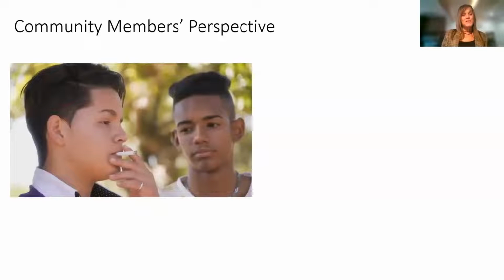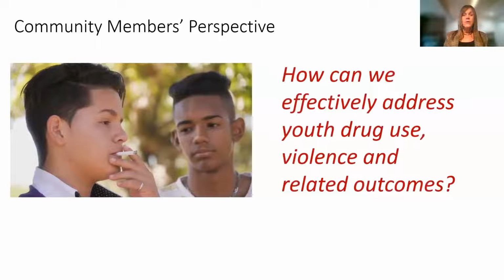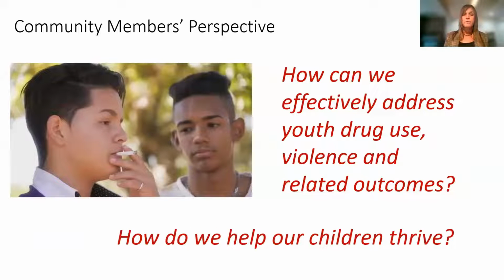I often get the question, who do we serve? At Blueprints and other online registries, we really do consider multiple stakeholder perspectives, one of which being individuals from the community, who might ask the question, how can we effectively address youth drug use, violence, and related outcomes? How do we help our children thrive?